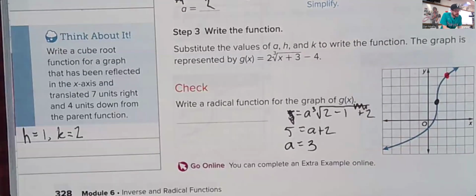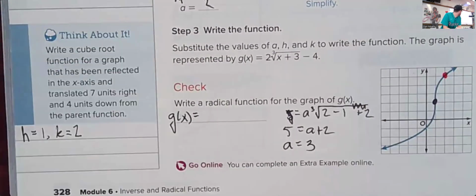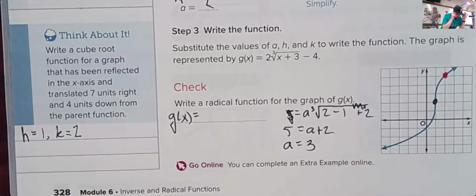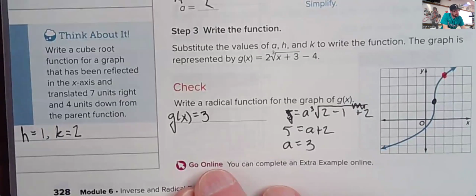So we are writing the function g of x. So we're going to say g of x is equal to what? Let me give you the function. Three. Cube root.